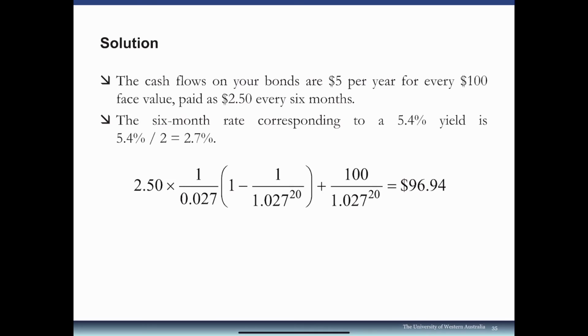So the rest is straightforward. Each coupon payment is 2.5, the yield to maturity is 2.7%, and it's 10 years left. With a semi-annual coupon paying bond, that would be 20 payments. So that means the bond price is $96.94.